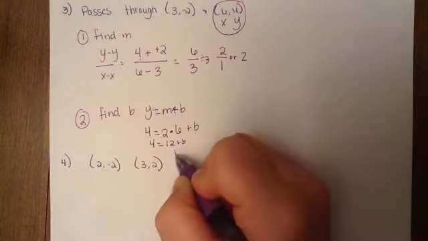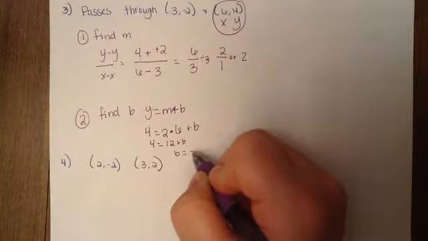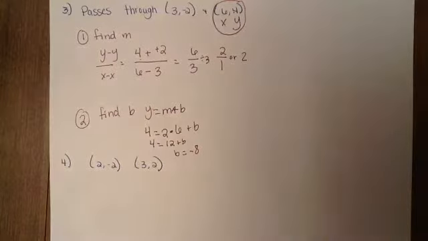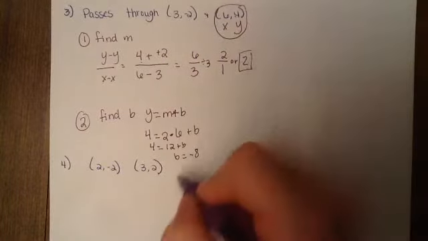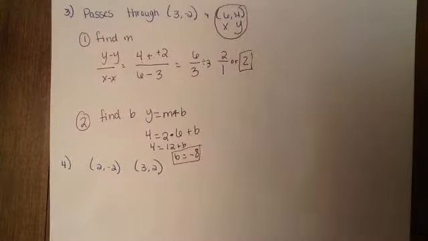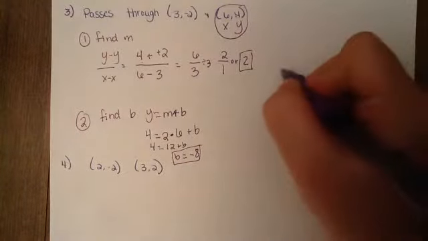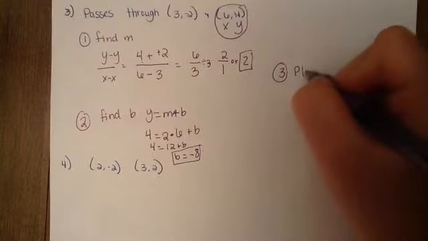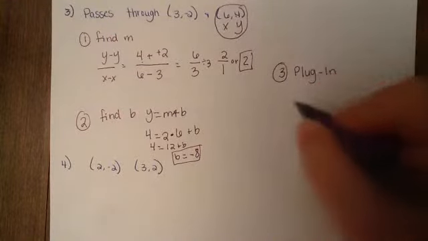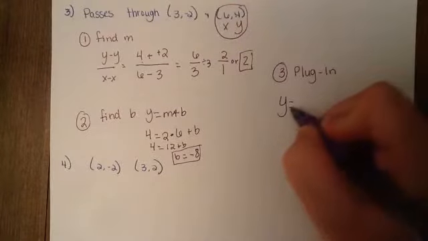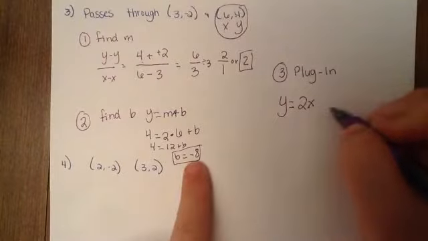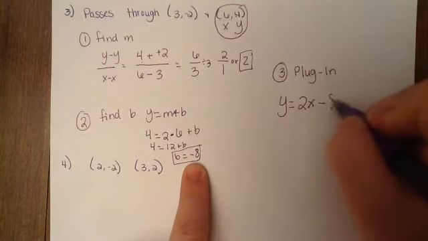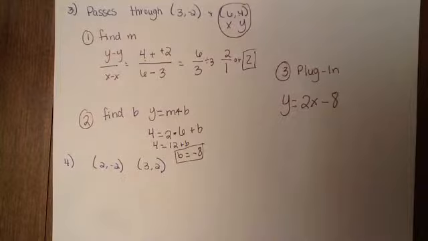When you solve for b, what do you get? -8. I now know the slope is 2. b is -8. Do we have enough pieces to write our equation? Yes. Our third and final step is to plug in the values. So y equals m is 2x, b is -8. y equals 2x minus 8.